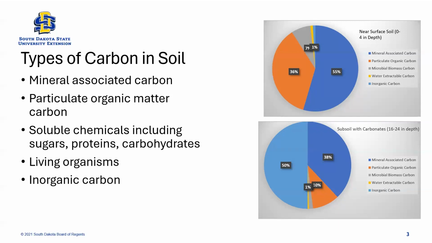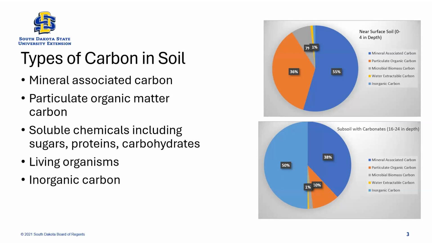South Dakota soils have a lot of carbon in the subsurface soil. And on the right, I made some pie charts. Near the soil surface, there's very low carbonates generally, but there's a lot of particulate organic matter carbon, or carbon that's being returned to the soil via biology, and more soil microbes near the surface.